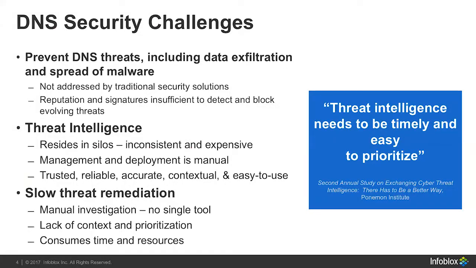So let's talk a little bit about what are some of the DNS-based security challenges that our customers face today. In talking with customers, number one is the prevention of these DNS threats through DNS, specifically data exfiltration, spread of malware, ransomware, all the different threats, which are always changing. The bad actors are always updating their methodologies over DNS.